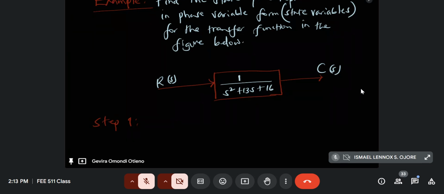So, write the transfer function in differential equation form.